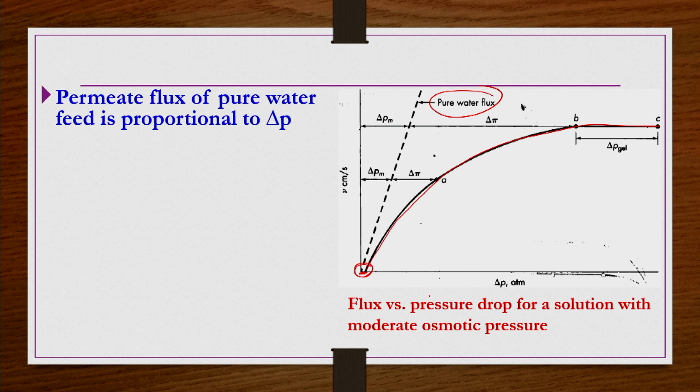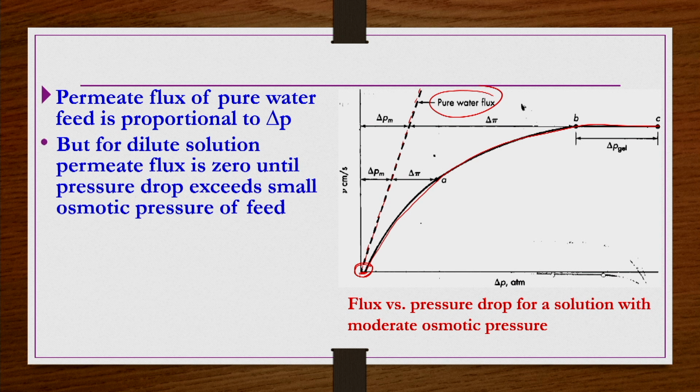So, the permeate flux of a pure water feed is proportional to delta P, and you can see this proportionality as a linear plot here. It increases linearly with increasing delta P. But for a dilute solution, permeate flux is 0 until the pressure drop exceeds the small osmotic pressure.